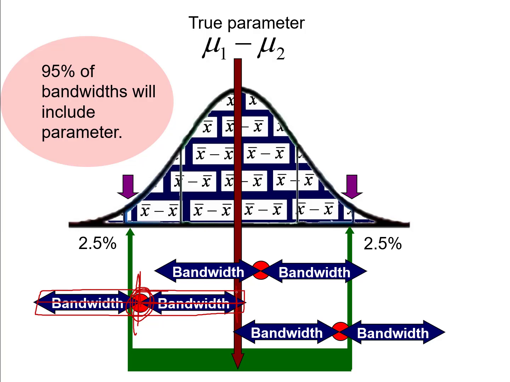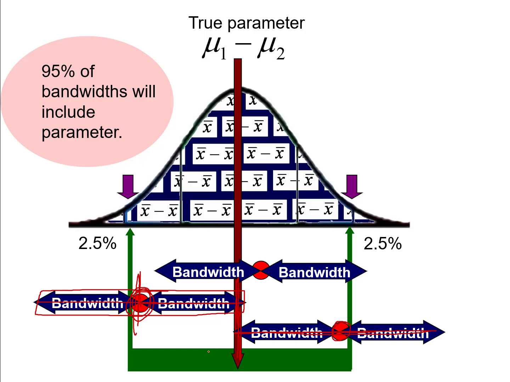That blue arrow still barely crosses that brown line right there at our true population parameter. Or at the very bottom, I have a study where I calculate a statistic that's much higher than the true population parameter. I put the bandwidth around that statistic, and note that these blue bars still cross that true population parameter. That bandwidth still includes the population parameter.